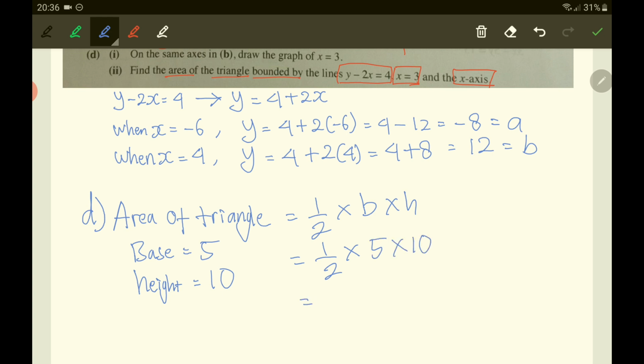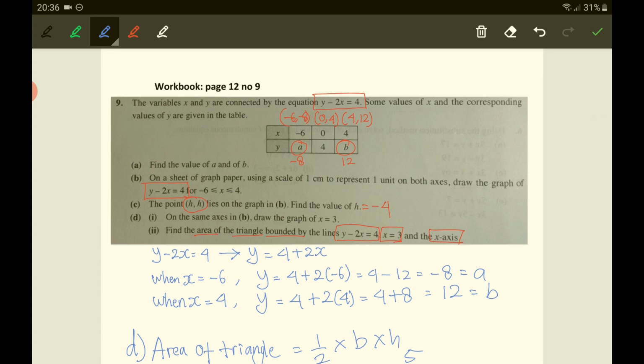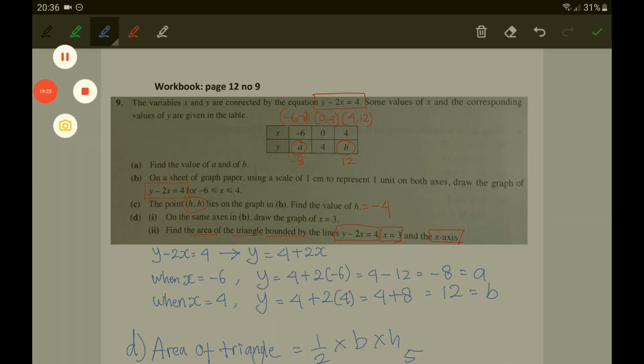The 2 cancels with 10, we got 5, so 5 times 5 is 25. 25 what? 25 units square. This is the answer for part D II. So I think that's number 9 done.